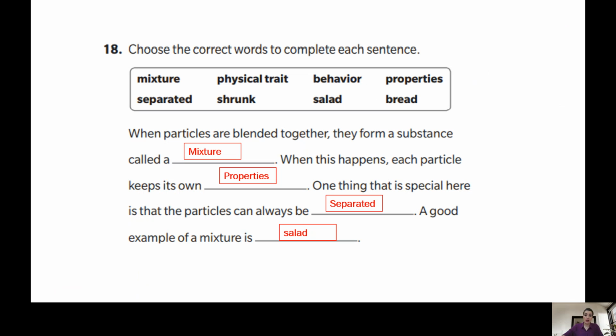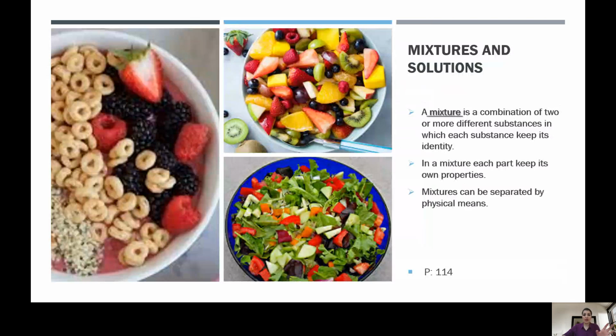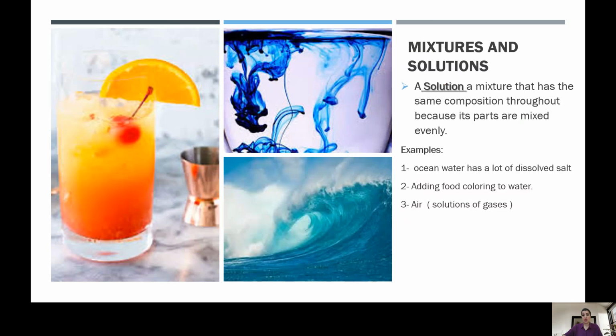Okay, so just to recap: mixtures are when I mix more than two substances together, and each substance will keep its identity and its properties. We can separate a mixture by physical means. Solutions are mixtures of the same composition throughout that are mixed evenly.